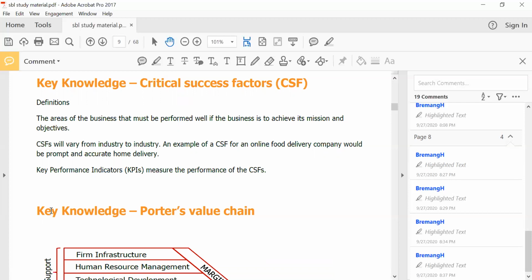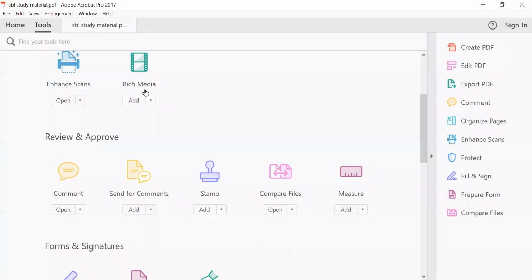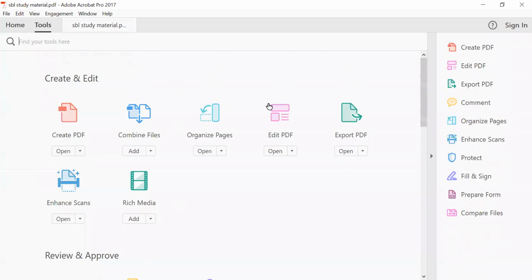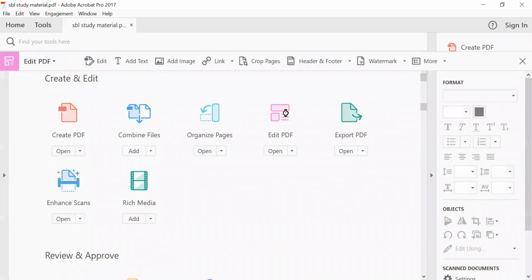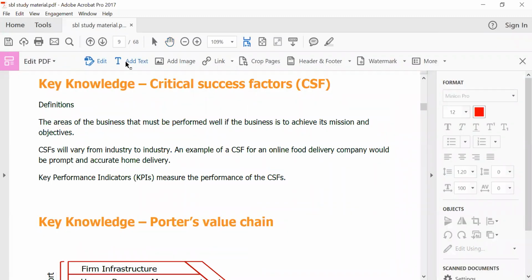When we talk about critical success factor, a critical success factor can be, let's say, profitability. Let me give an example here. So I can say that I am profitable. And the key performance indicator, for me to say that I am successful, I'm supposed to be profitable. But what will be an indicator letting me know that I'm profitable?